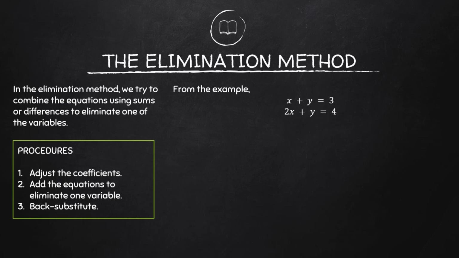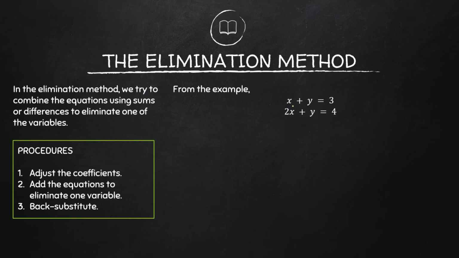So what we are going to do here is to adjust the coefficients. Let's say we want to eliminate the variable x. We will adjust the coefficients so that the coefficient in one equation would be the negative counterpart of that specific coefficient.